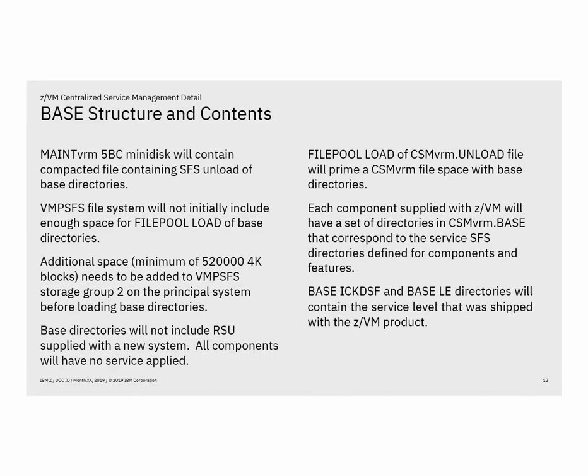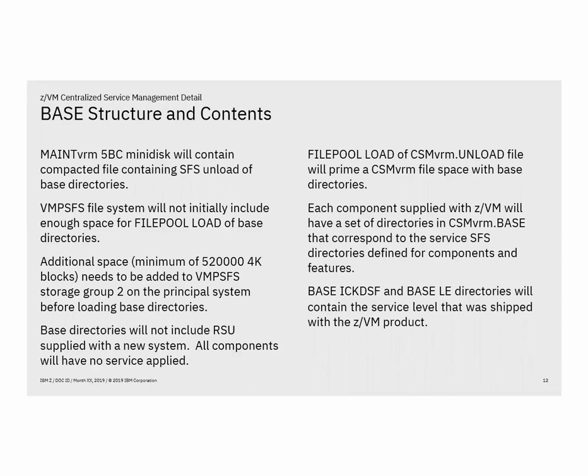So a lot of customers notice when they're installing maint 720 that the install process seems to pause for a period of time when it's loading the 5 Baker Charlie mini disk. And that's because it's a big mini disk. It's 3,000 cylinders in size. And the content of that mini disk is simply a single file called CSM 720 as the file name and unload as the file type.